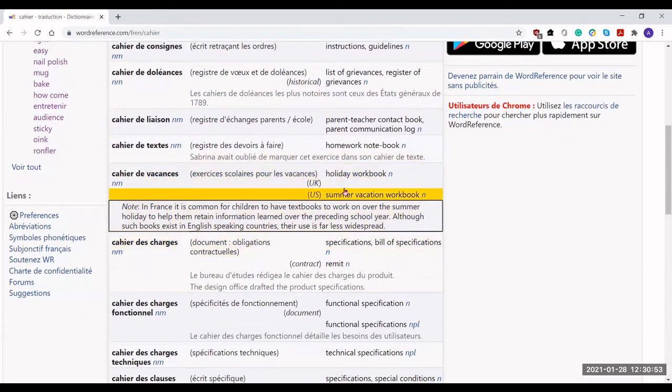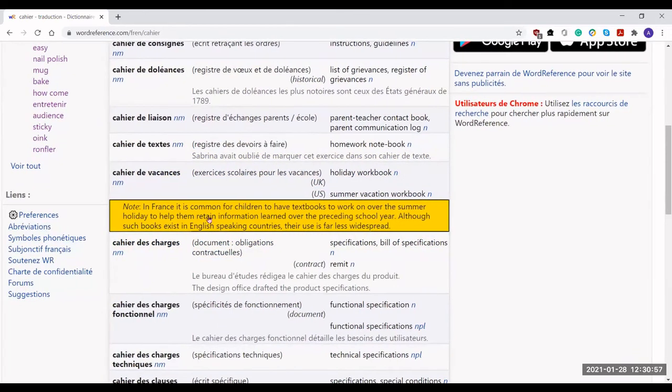Un cahier de vacances, right? So look at how important this note is here. In France, it's common for children to have textbooks to work on over the summer holiday to help them retain information learned over the preceding school year. So they even offer you cultural notes that would make it easier for you to understand how this word in French is used in context, right?